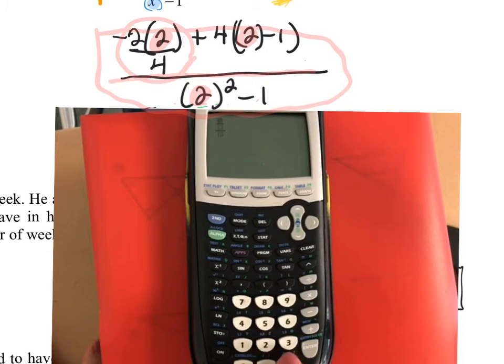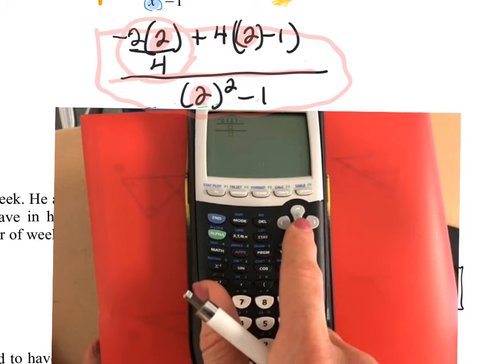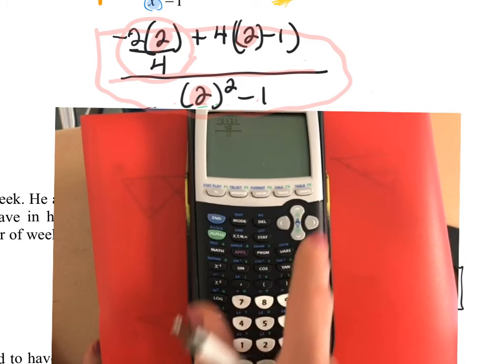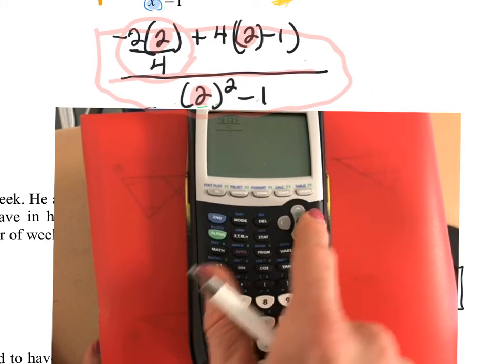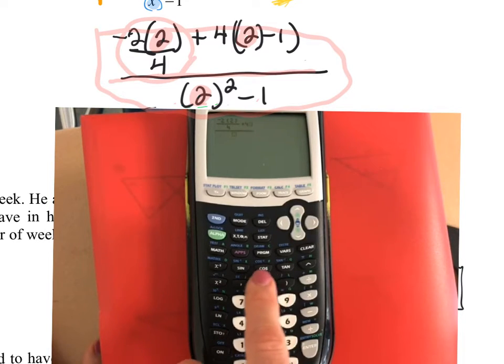And what I want to put is -2 times, with parentheses, because I'm typing it exactly as I see it, 2, arrow down, 4 for your denominator, arrow to the right to get out of your fraction, plus 4 times, and you don't have to put these parentheses around the 2 right now if you don't want to, or you can.